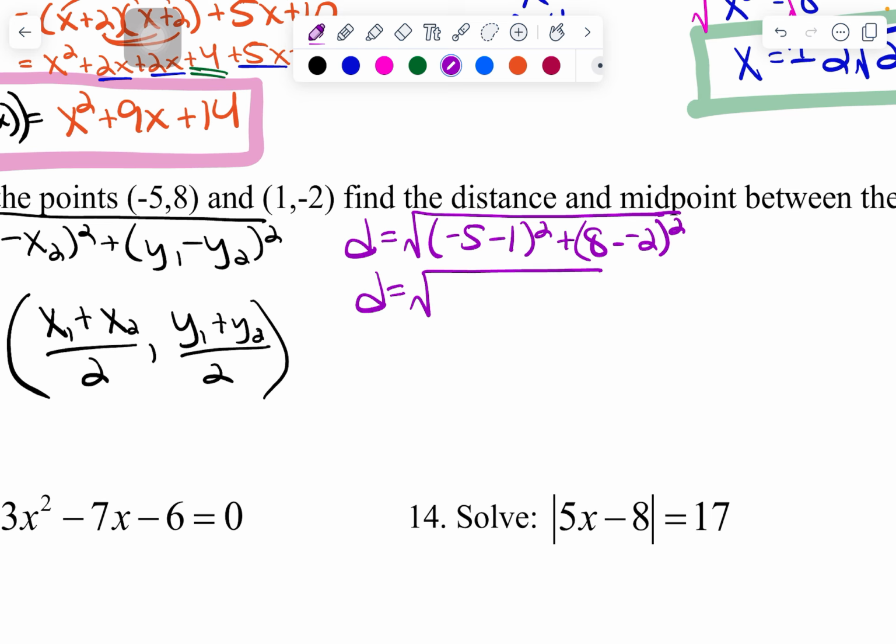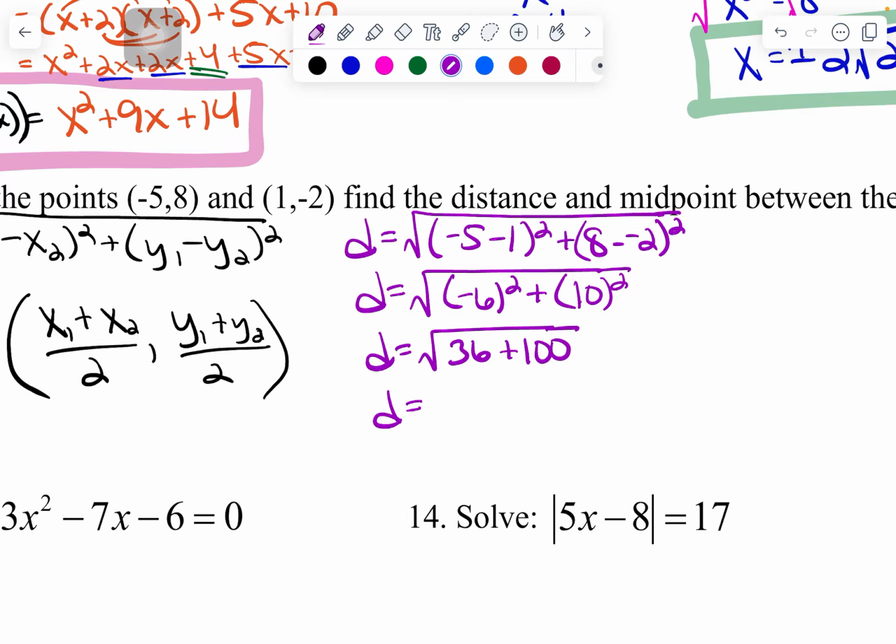Negative 5 minus 1 is negative 6. Then negative 6 squared plus 8 minus negative 2, which is 10 because 8 plus 2. Negative 6 squared is 36. 10 squared is 100. So add those together, you get 136.